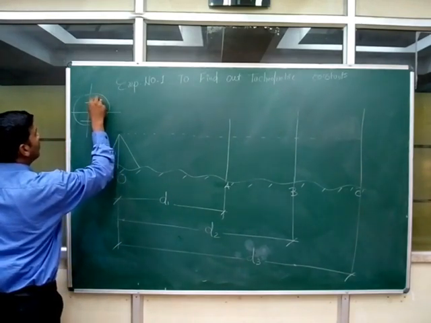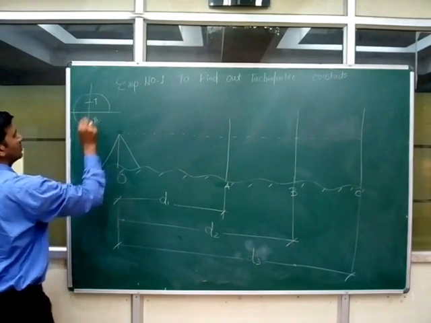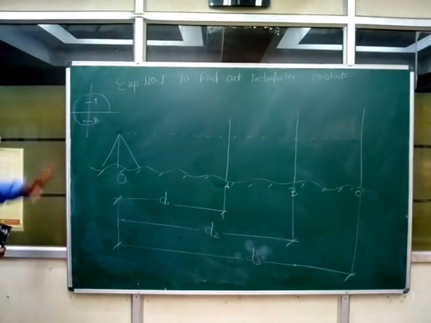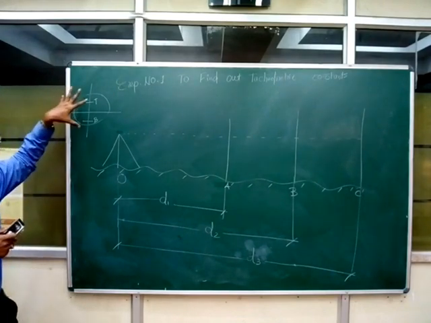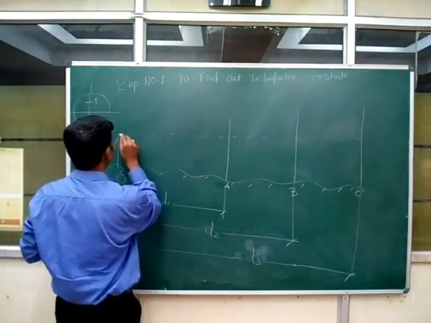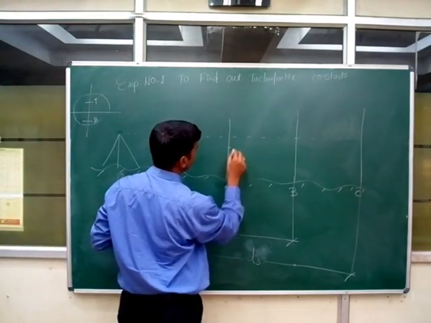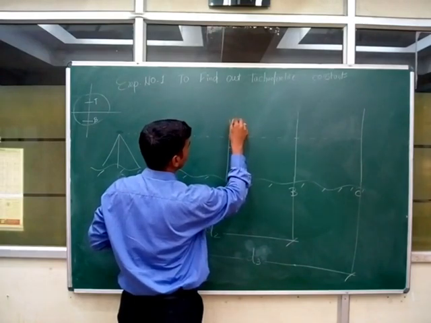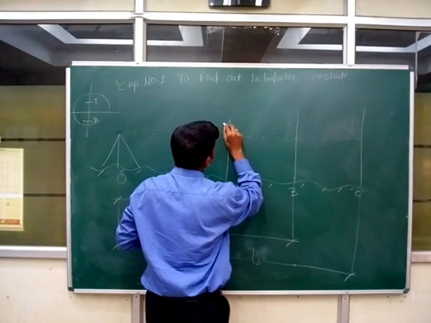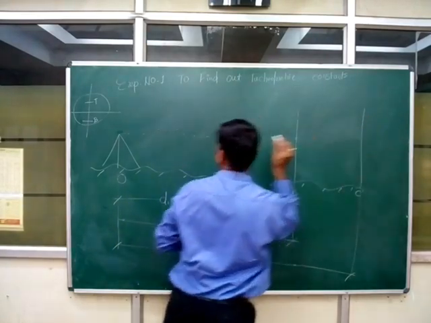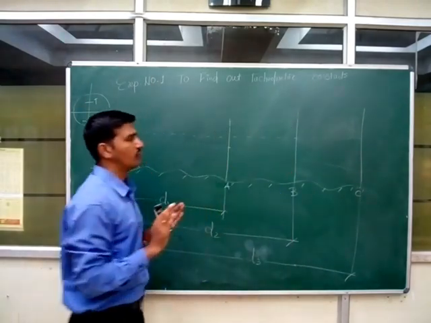The upper one is called the top crosshair, and the bottom one is the bottom crosshair. For the tachymeter we are considering the top and bottom crosshair. Suppose this is my bottom crosshair reading for staff A, and this is my top crosshair reading for staff A. If I join all the top hair readings and all the bottom hair readings, I will get a figure like this.